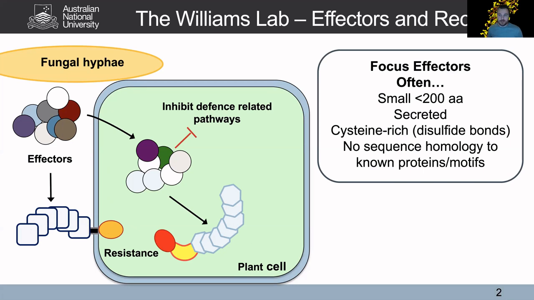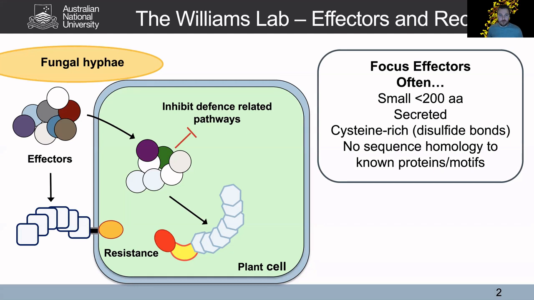Effectors, as a lot of you would know, are often small secreted proteins. A lot of them are cysteine rich, and this is involved in disulfide bonding.